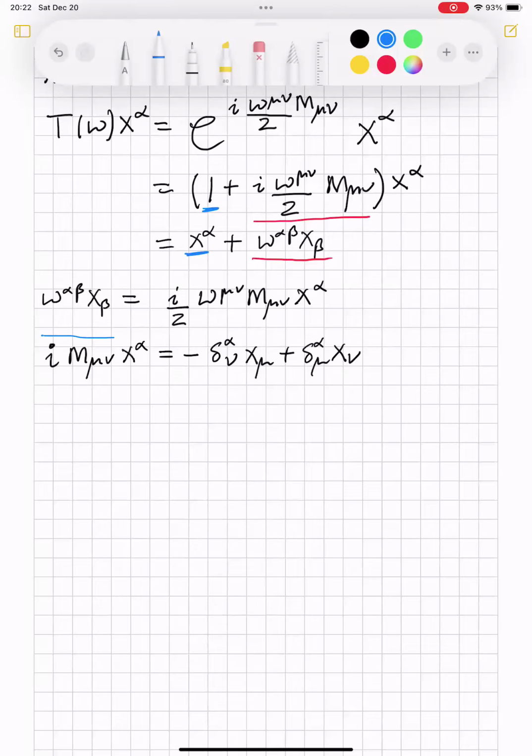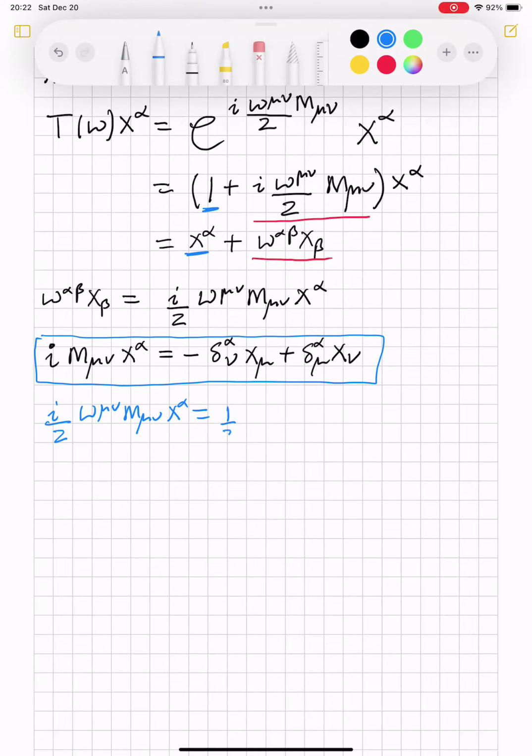I'm going to outline this equation in blue. So that's what I'm going to check now. And the way that I'm going to check it is just by checking that it does the right job. So if I take i over 2 omega mu nu M mu nu onto x alpha, well, I've got 1/2 omega mu nu, and then what remains is i M mu nu x alpha. I'm going to take this from this blue boxed equation.